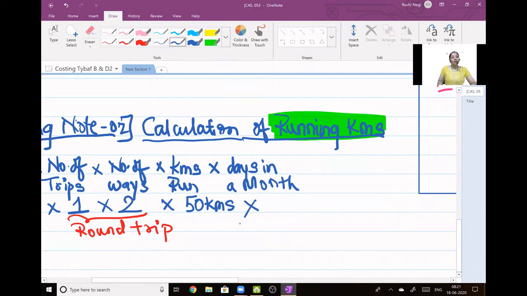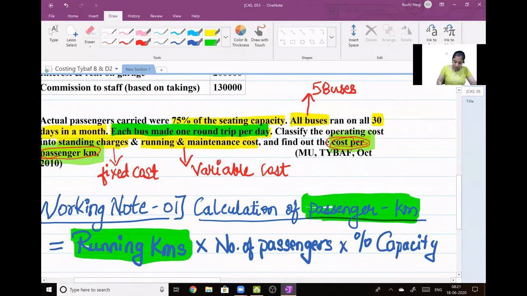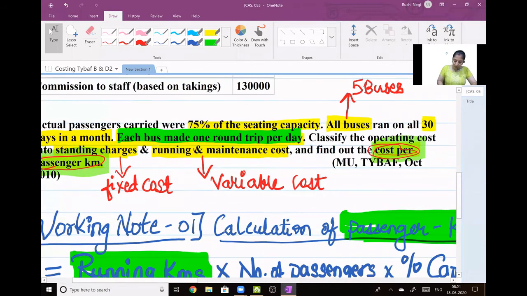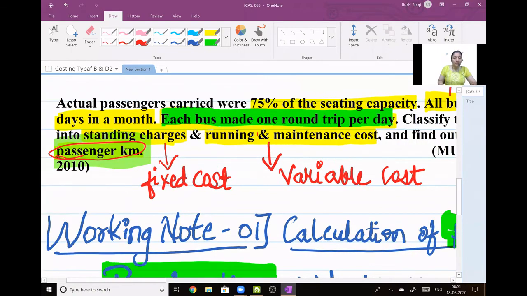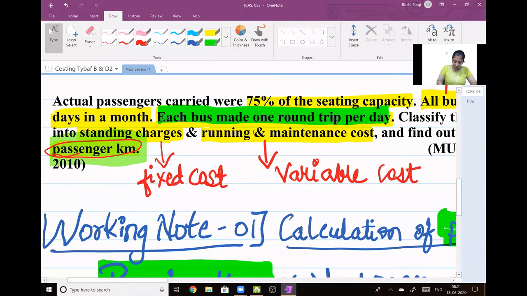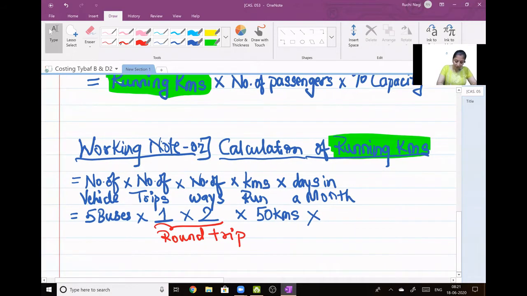Into days in a month. How many days are in a month? It is given in the third last line: all buses ran on all 30 days in a month. So here the answer is 30. Am I clear to everyone?